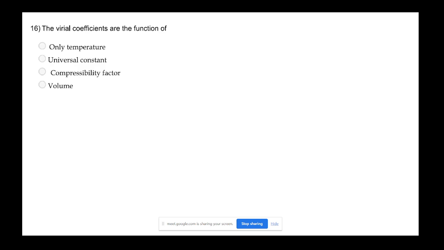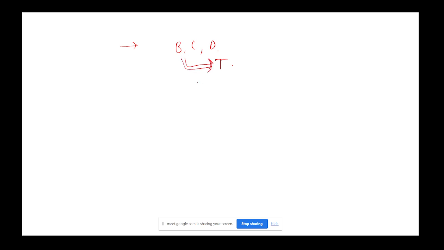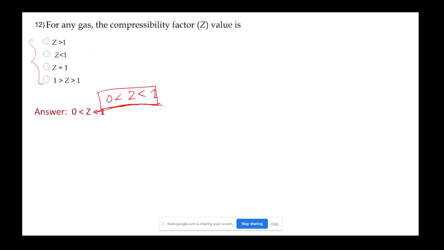Next question is, virial coefficients are a function of dash. Virial coefficients are a function of temperature. They are constants like B, C, D, which are related to temperature. There are correlations which relate these B, C to T, like I have mentioned somewhere.